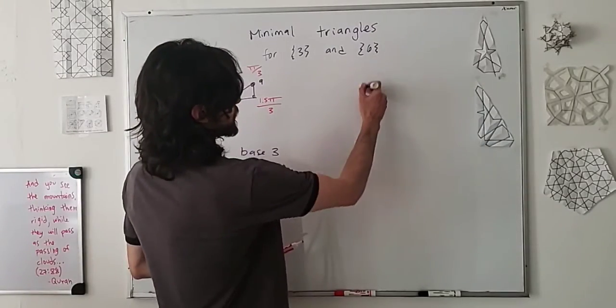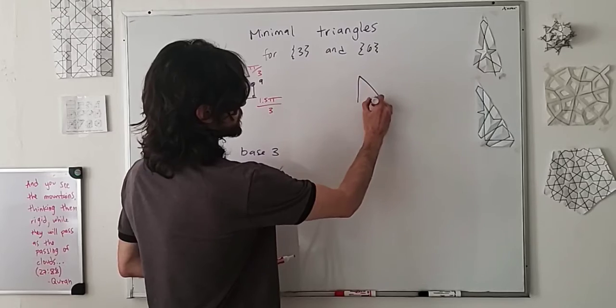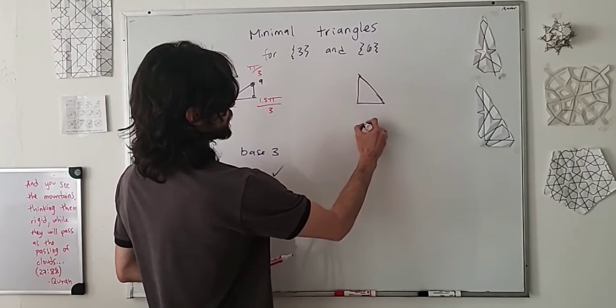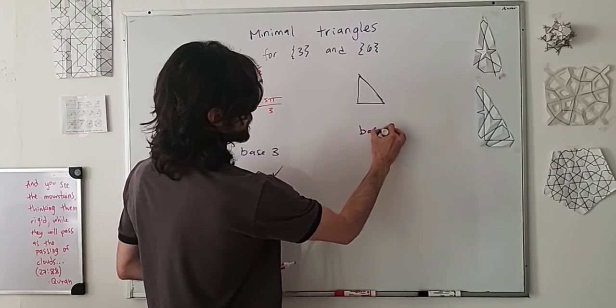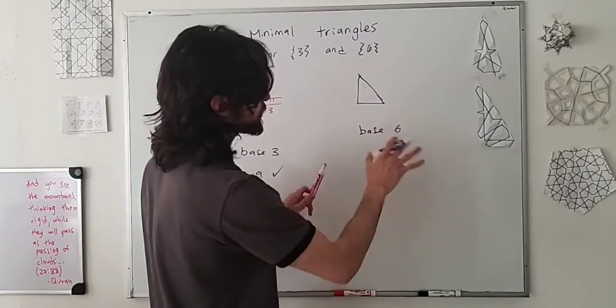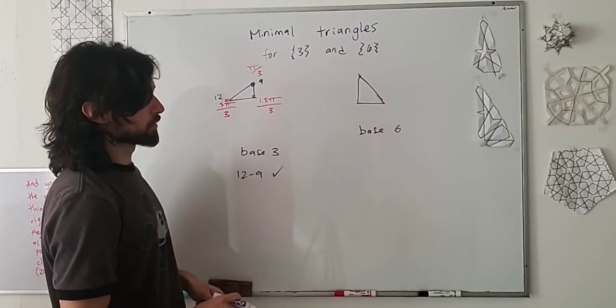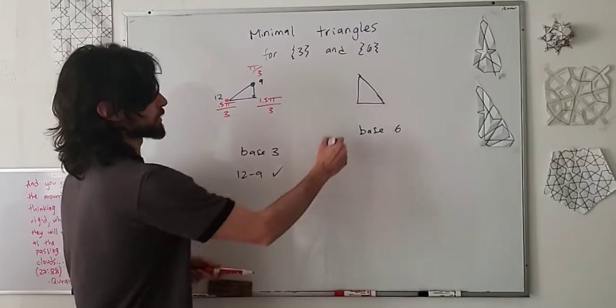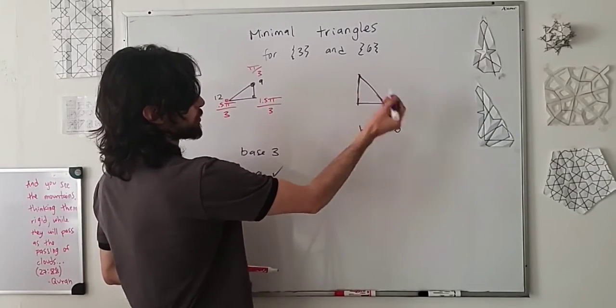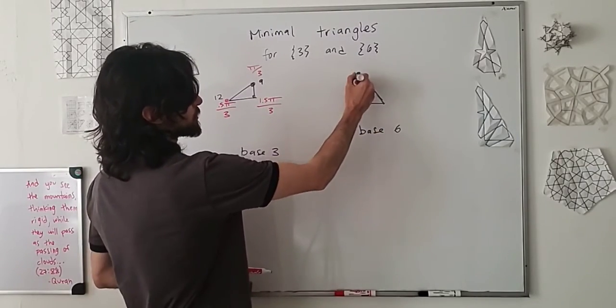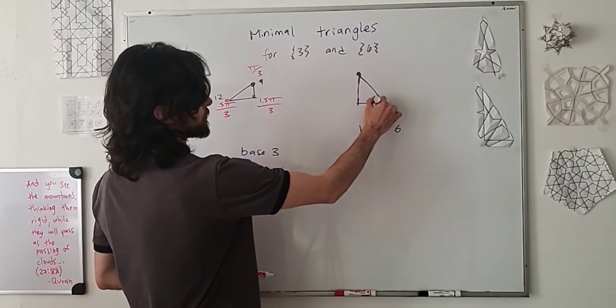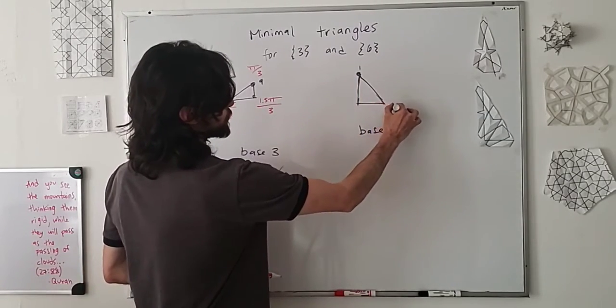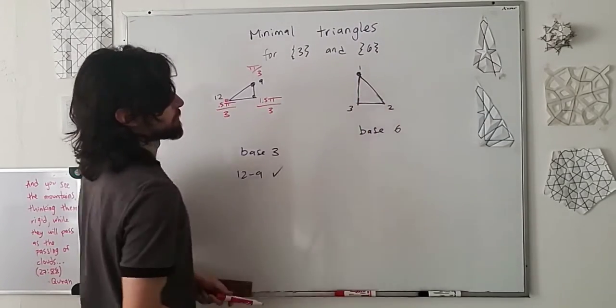But now I'm going to look at the triangle for the hexagon. So this one's going to be base 6. And here I'm only going to make 12s interact. But still, it's an interesting exercise. So whatever base we're at, the center of the 6 is going to be a 1, this one's going to be a 2, and this one's going to be a 3.